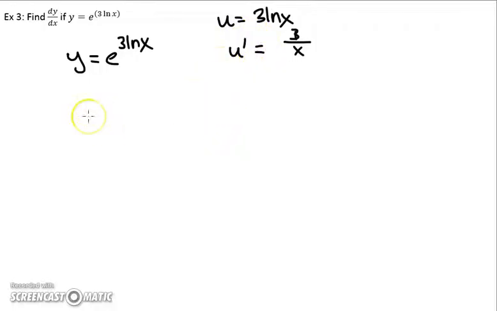So that's u prime, so we could say y prime equals 3 over x e to the 3 natural log of x.